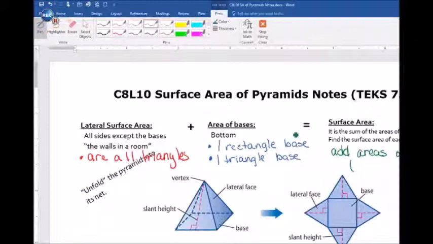This is similar to finding the area of composite figures. Do we have any questions so far about the lateral surface area of pyramids, the area of the base for pyramids, and the total surface area for pyramids?